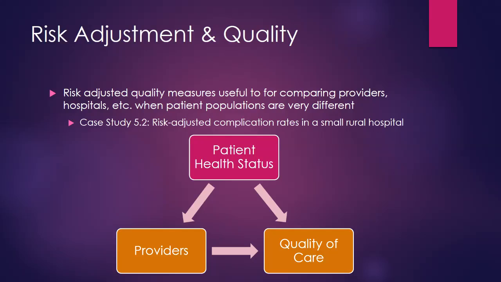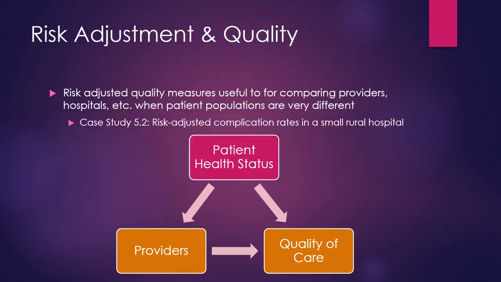So if our providers are providing care to more complex patients than another group of providers, those patients would likely result in our quality of care measures looking poor, just because they would need more treatment and therefore would potentially have more of those ambulatory care sensitive conditions, or be hospitalized more frequently for those conditions.